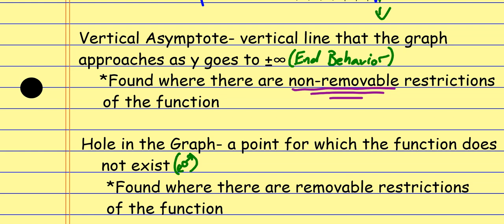Again, it's the same thing we were just looking at. It's still the domain restrictions that we've been finding. But in the process of simplifying, if one of those restrictions gets canceled out and doesn't seem to be there anymore, we call it a removable restriction. It's a hole in the graph. So these look complicated, but they're actually very simple to find because you already know how to find them.